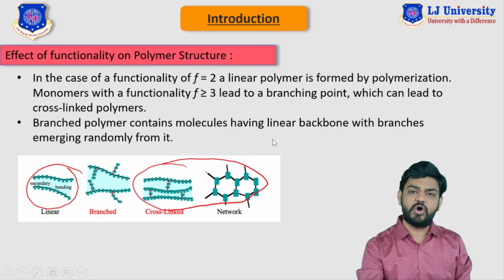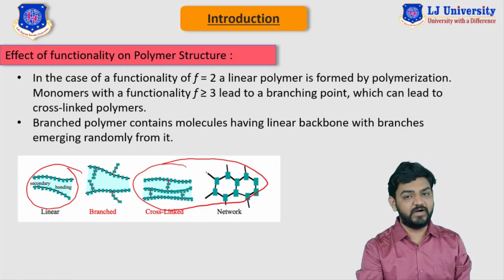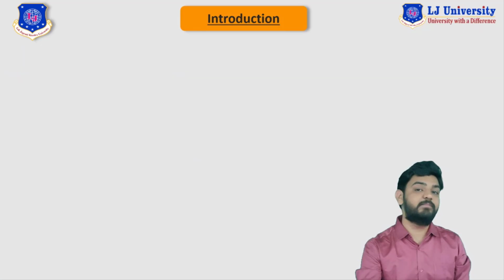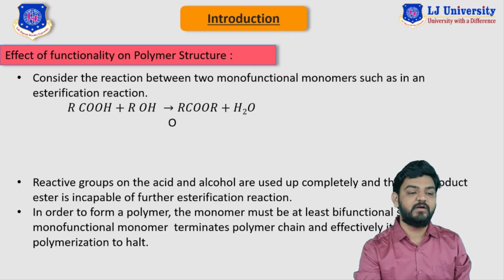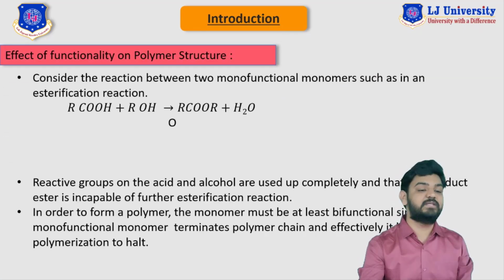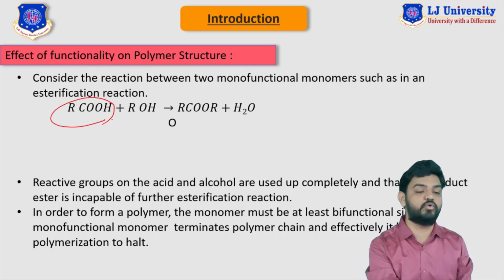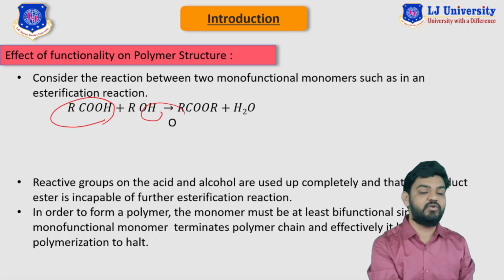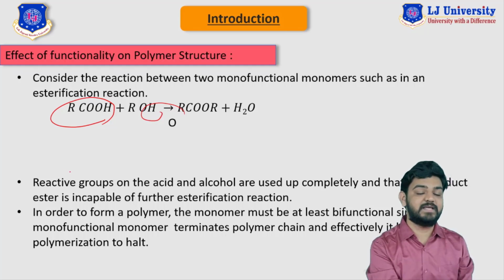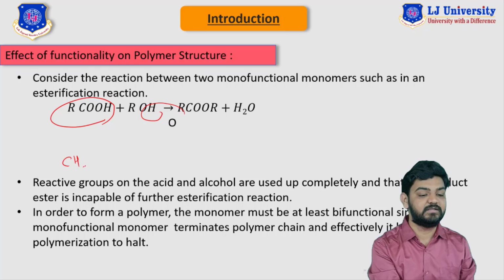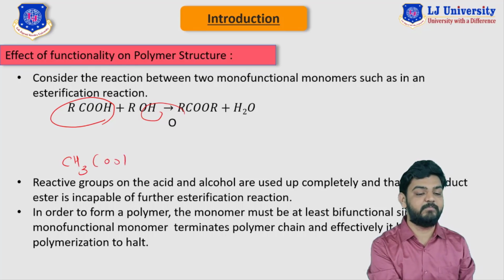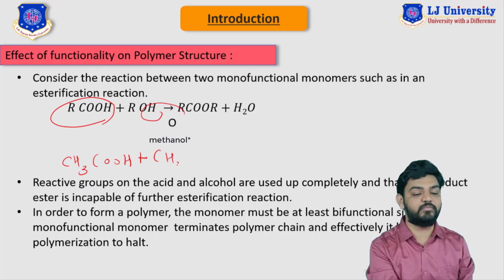Now this was all about functionality greater than or equal to 2. But what about the monofunctional monomer? You can see here on the screen, these are the 2 molecules having a monofunctional group. Now let me show you one example: acetic acid, that is CH3COOH, which is connected with ethanol like this.